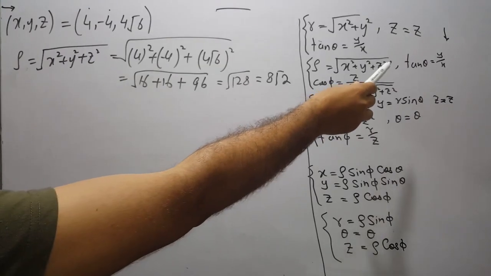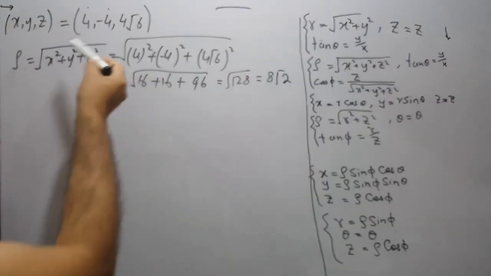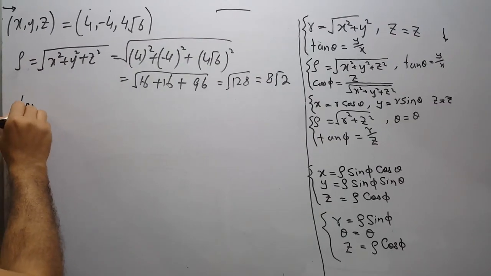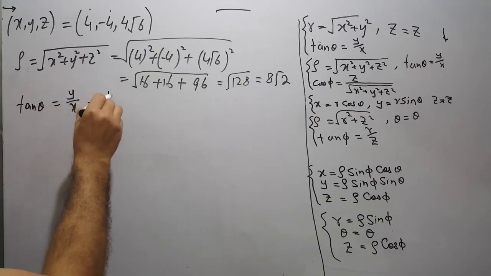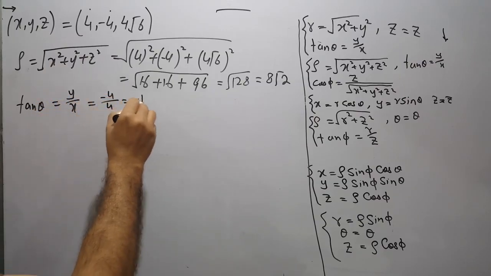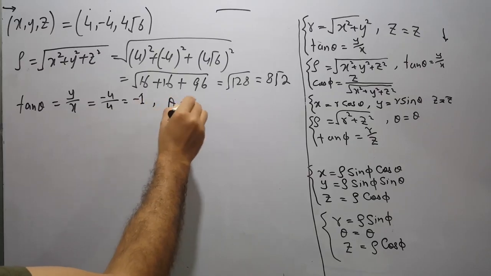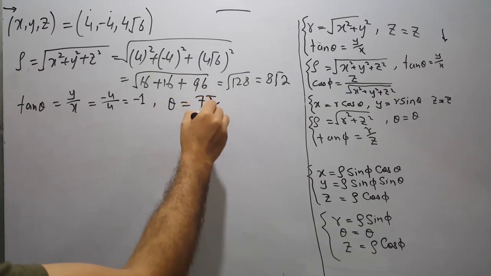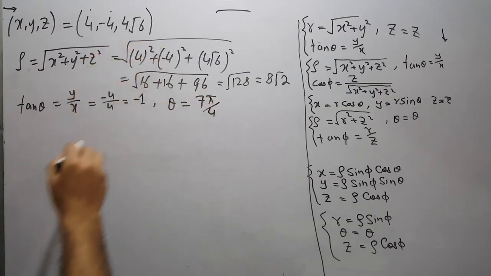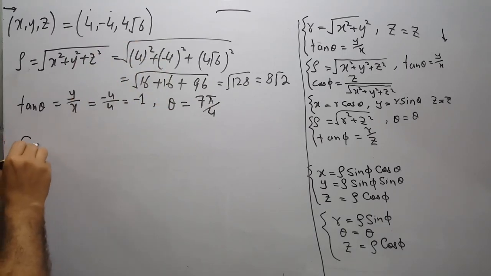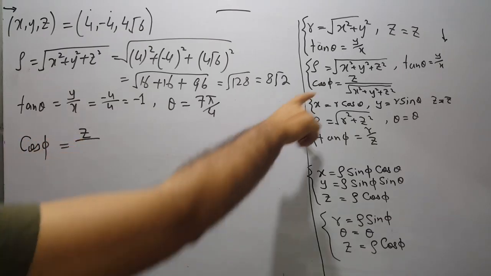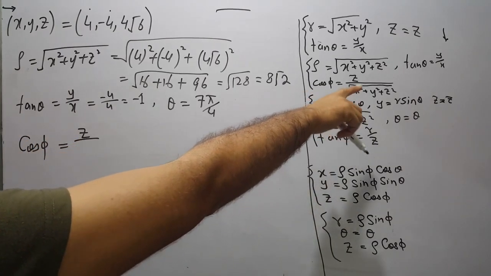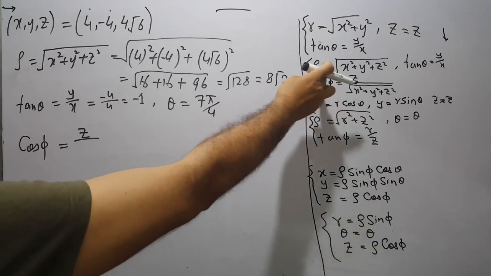Since tan theta is y over x, which is exactly the same, from tan theta we have already found this. Minus 4 over 4 is minus 1, and we found that theta is 7 pi by 4, the same as the previous one. Now the last thing that remains is cos phi. Cos phi is z over the square root of x square plus y square plus z square, which is the value of rho.